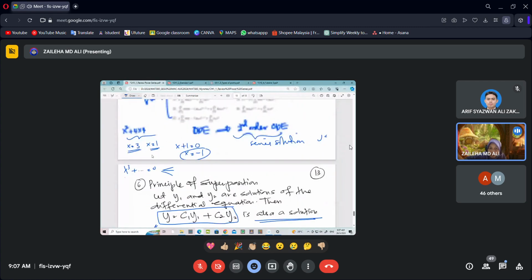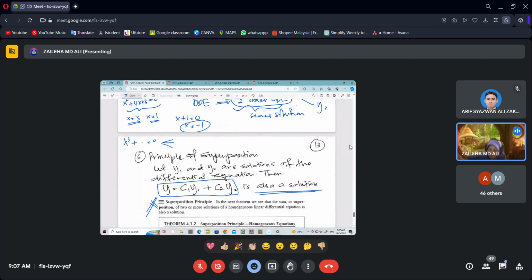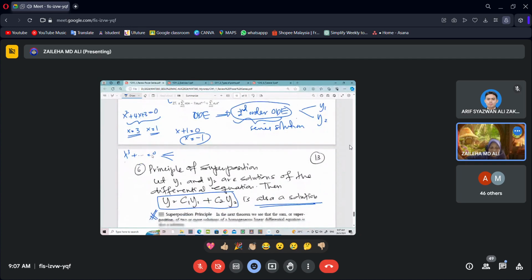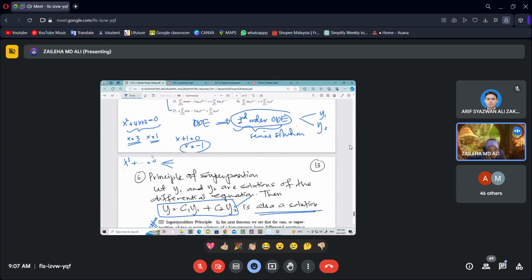When we solve a second order ODE later on, we will only get these two, y1 and y2. But remember, the principle of superposition says that two is not enough. It says c1y1 plus c2y2 is also a solution. For example, if we get y1 and y2 from the ODE, the solution can be y1 plus 2y2. This is still a solution for our ODE. We can say y equals 4y1 plus 7y2.